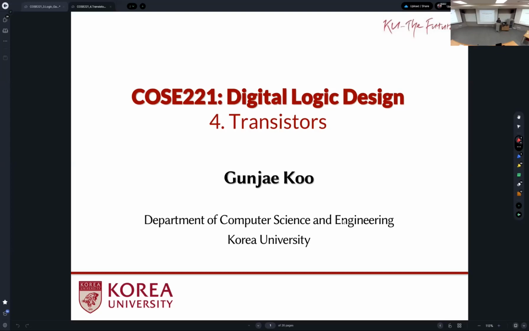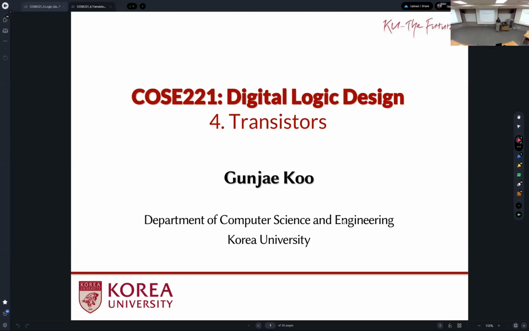Even though I believe most of you are interested in computer software and computer science and engineering, if you can understand how the transistor works, it will be very helpful. You can understand how real hardware, a real digital system, works with the basic operation property of CMOS transistors.